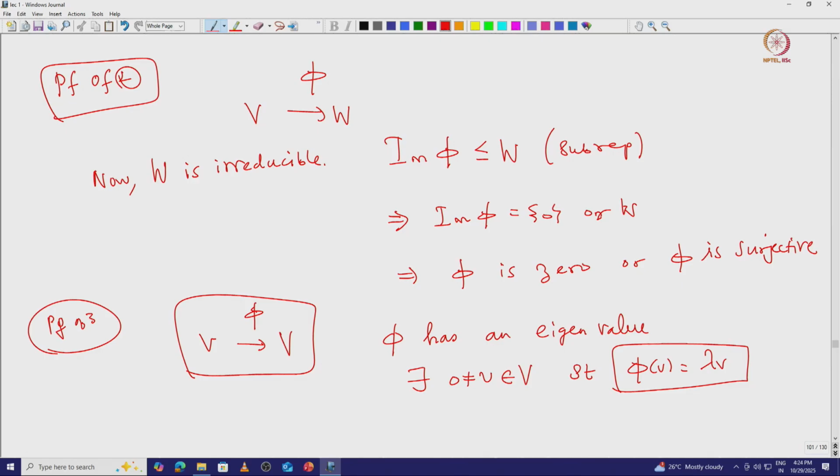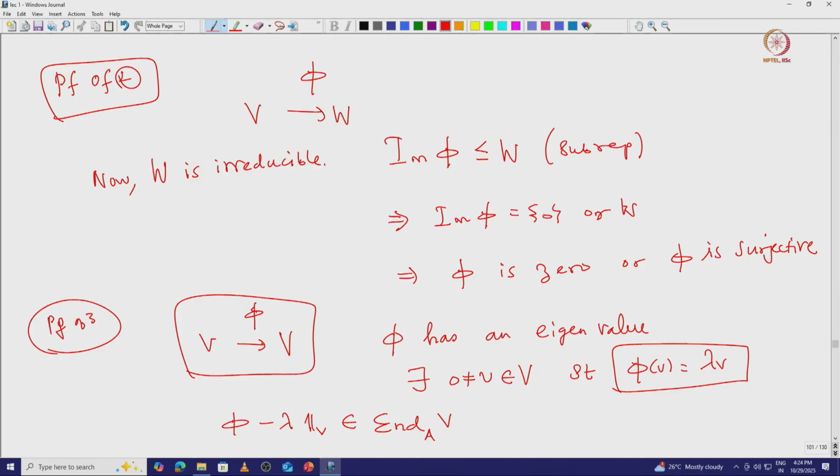Now, note that if we take this pi minus lambda identity, this is again an endomorphism of V which commutes with the action of capital A. So, pi minus lambda identity is in End_A(V).